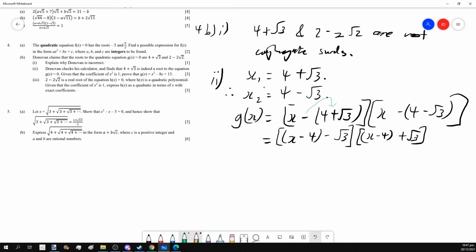And once we have this, do you notice we have the front object minus the back object, and the front object plus the back object? This will turn into a minus b times a plus b, which is equal to a squared minus b squared.